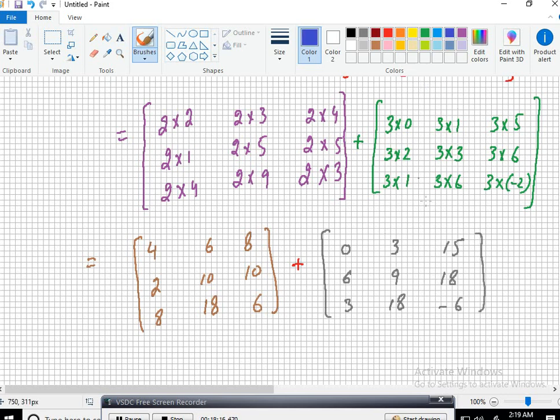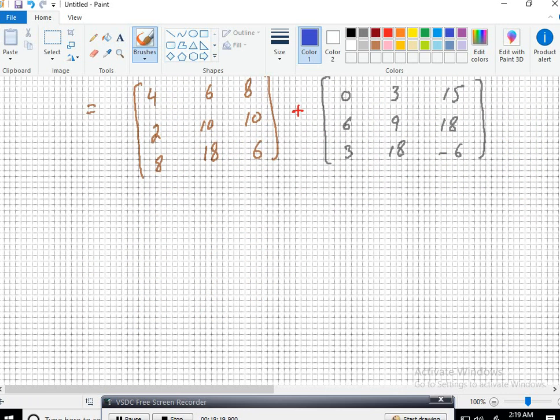Now writing A: 2, 1, 4, 3, 5, 9, 4, 5, 3.